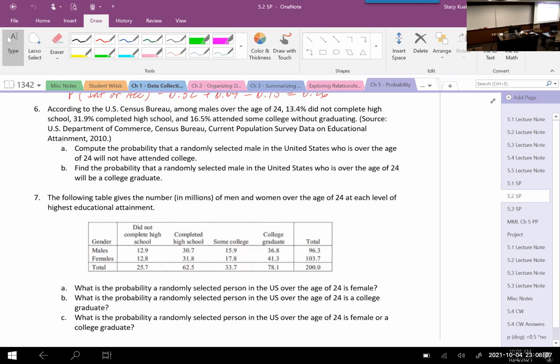No college, right? There's no college there, so that doesn't imply college. Straight percentages.